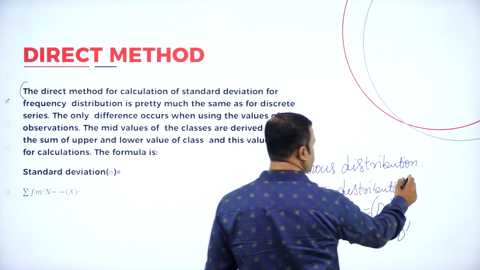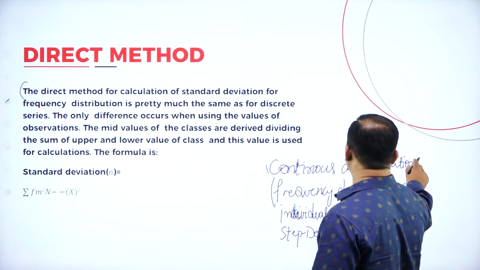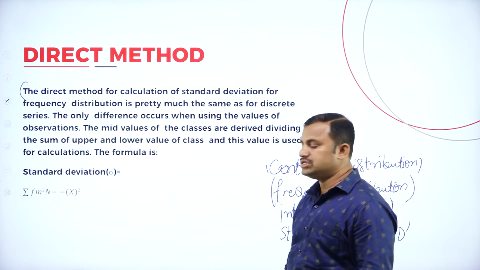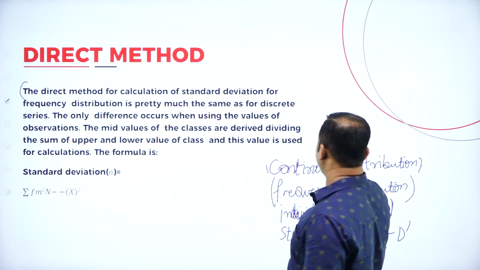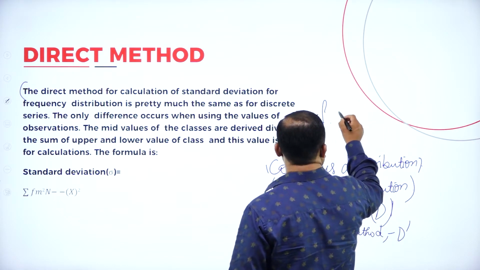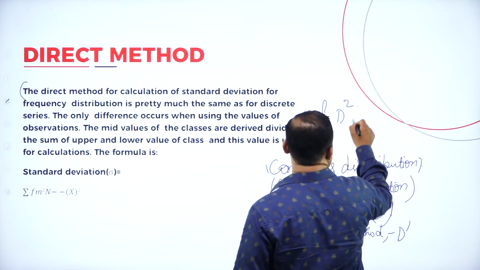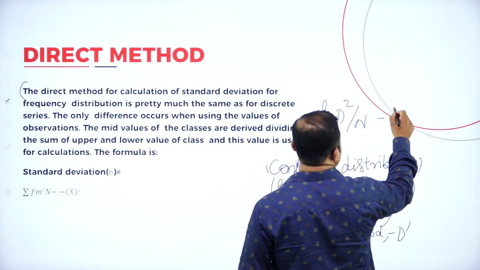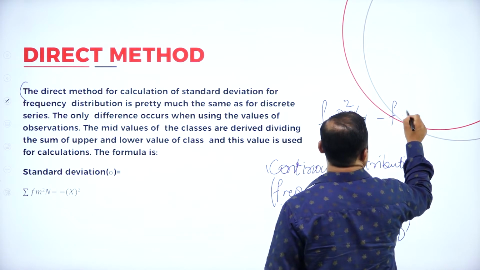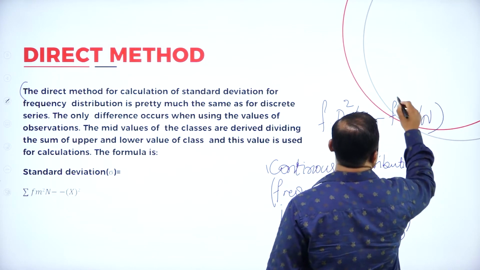Then whether it is a frequency distribution or the normal one, we are going to consider it as d. That is, summation f into d square by n minus f into d by n whole square.